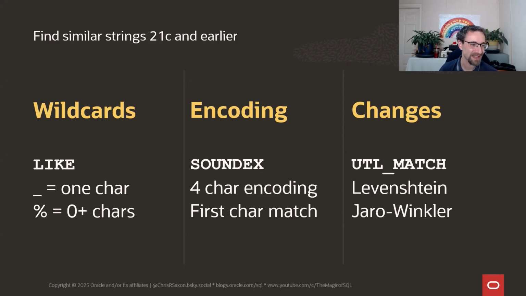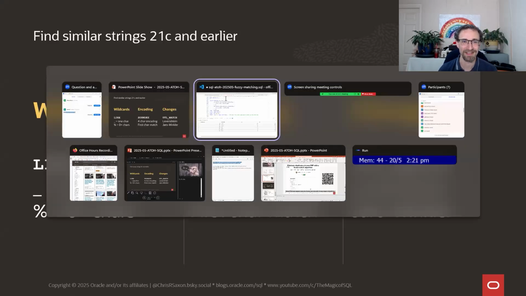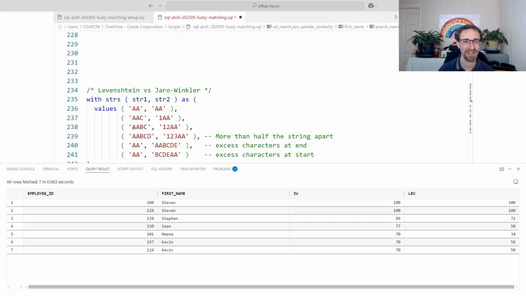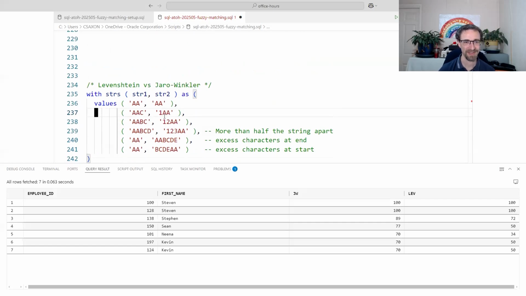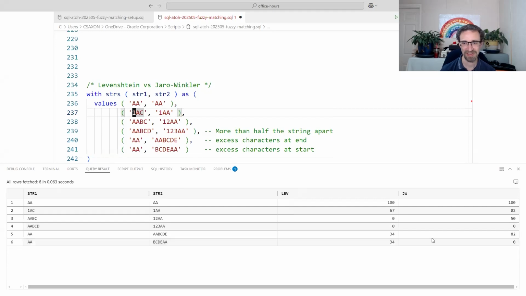So someone says, is it language dependent? No, these ones are not language dependent. With Jaro-Winkler and Levenshtein, they're literally just checking the number of characters difference. You notice when I had numbers, they even work on numbers. So if I change that to a 1 there, we'll see Levenshtein increases.